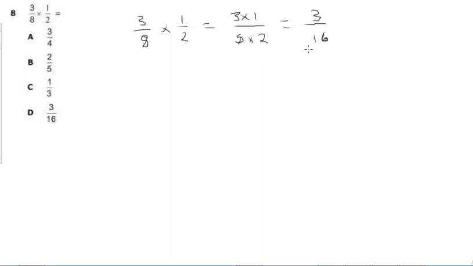No. Now let's look at the options: A, 3/4, B, 2/5, C, 1/3, and D, 3/16. The correct answer for question number 8 in the 2014 math paper is D. We can move on to the next question.